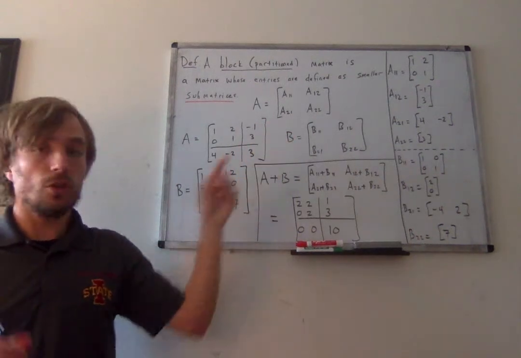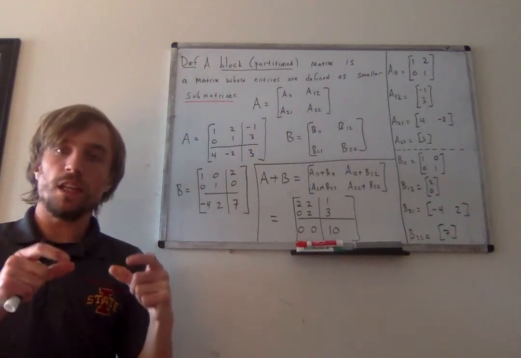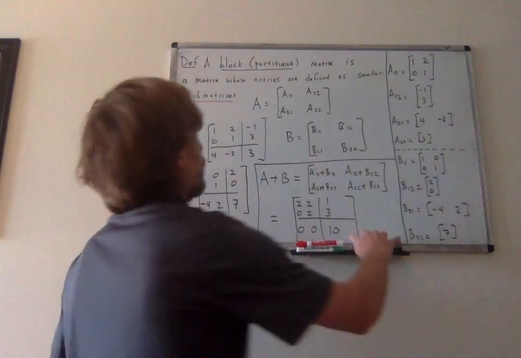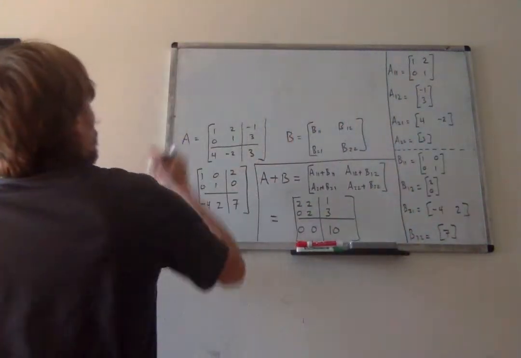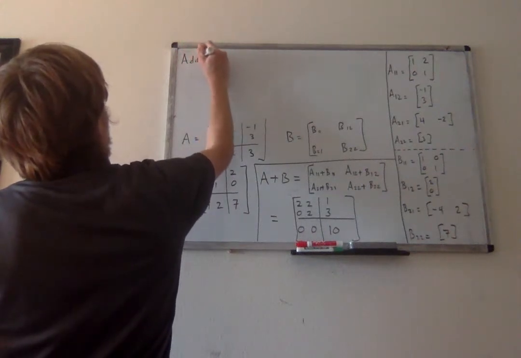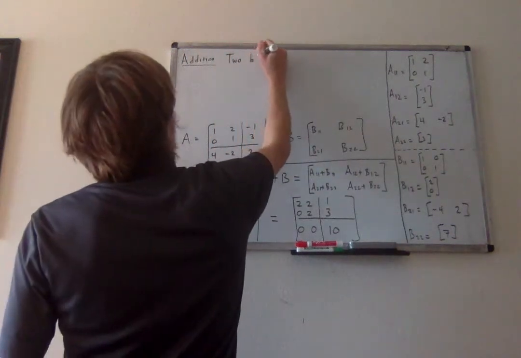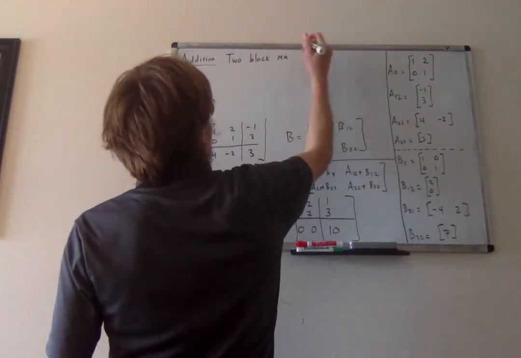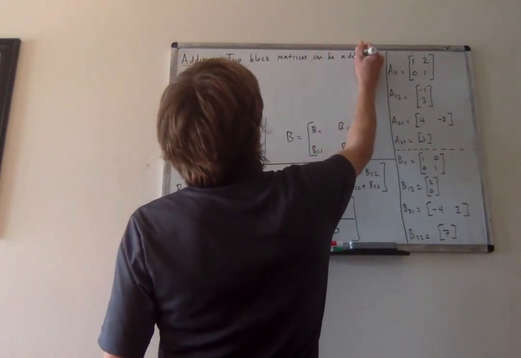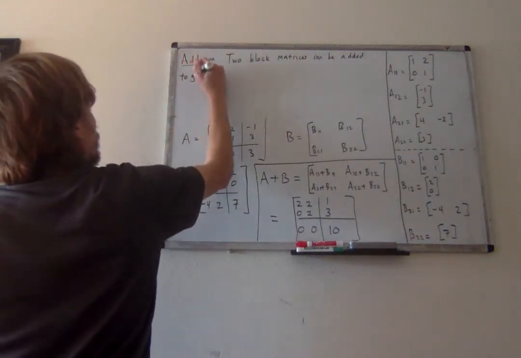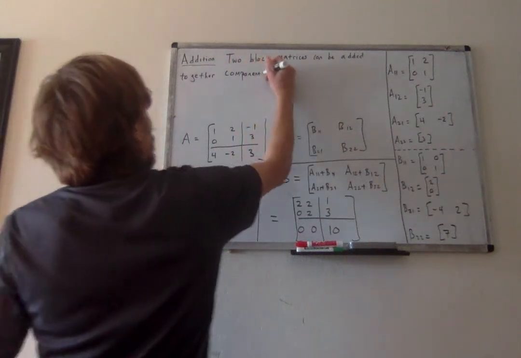Certainly the way we've defined them, the definitions of the big matrices in block form have to be the same, and then also the dimensions of the individual blocks themselves have to be the same. And so we'll say component wise.